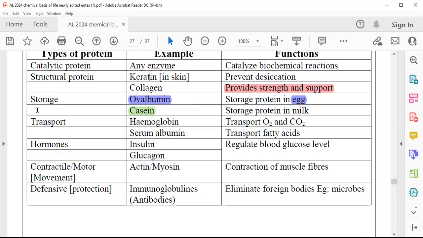What are the hormones or signaling molecules that are proteins? Insulin, and the second one, glucagon. Don't worry about the pronunciation, just read it.